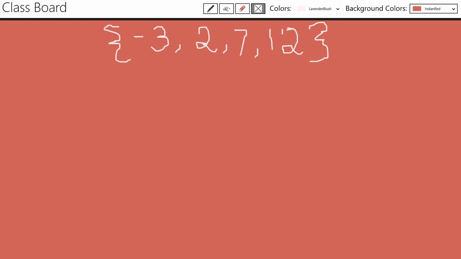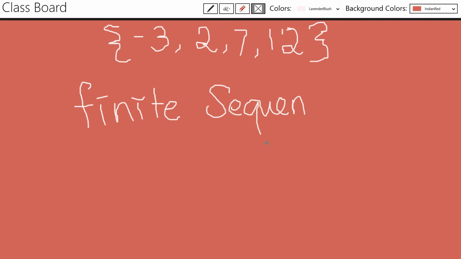This would be called a finite sequence. Finite sequence. That means there are a limited number of terms. It doesn't go forever, but there are limited terms.